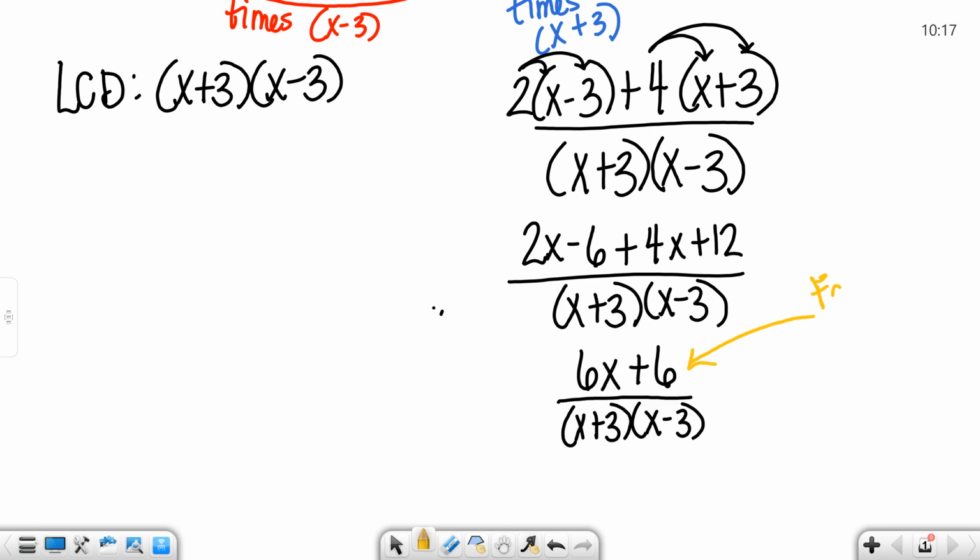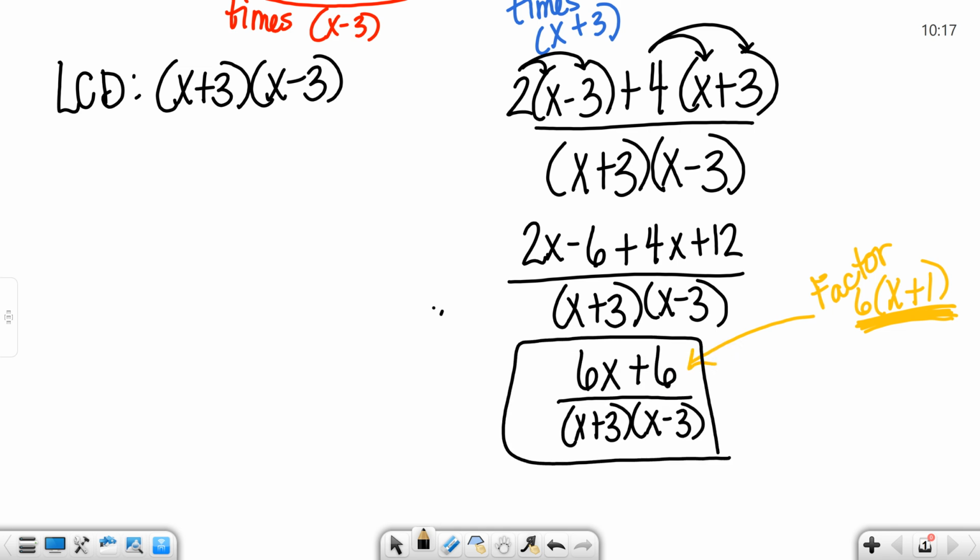If I factor it, it will be 6 times x plus 1. Notice that 6 times x plus 1 doesn't have anything in common with the denominator, so it would not help me to factor that numerator. So we are simplified, and that is done.